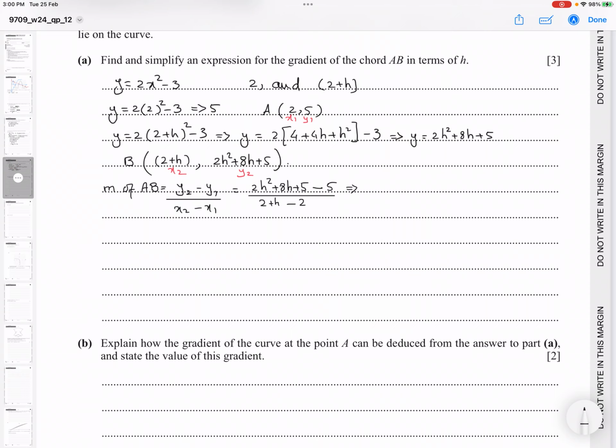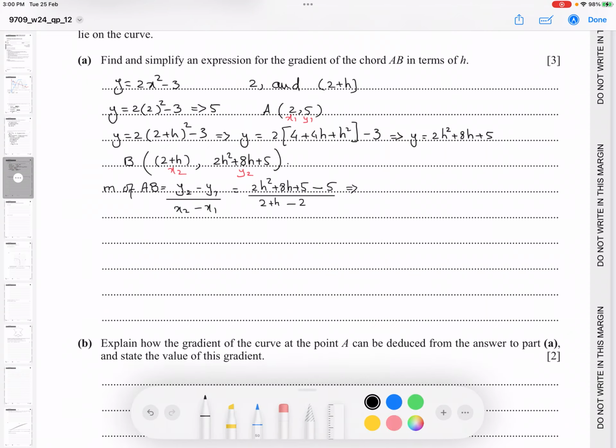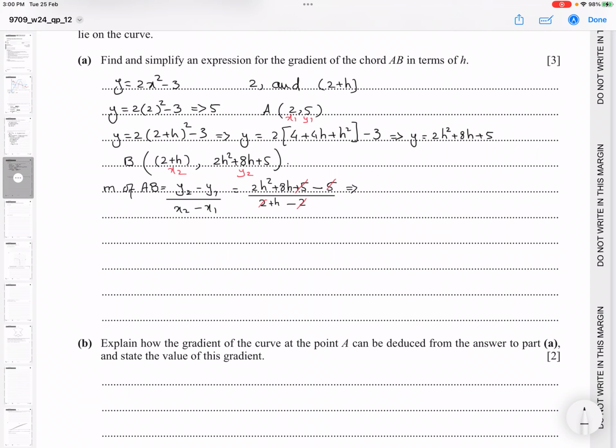When you simplify these, you see the 2s are gone, these 5s are gone, so you are left with 2h squared plus 8h over h.